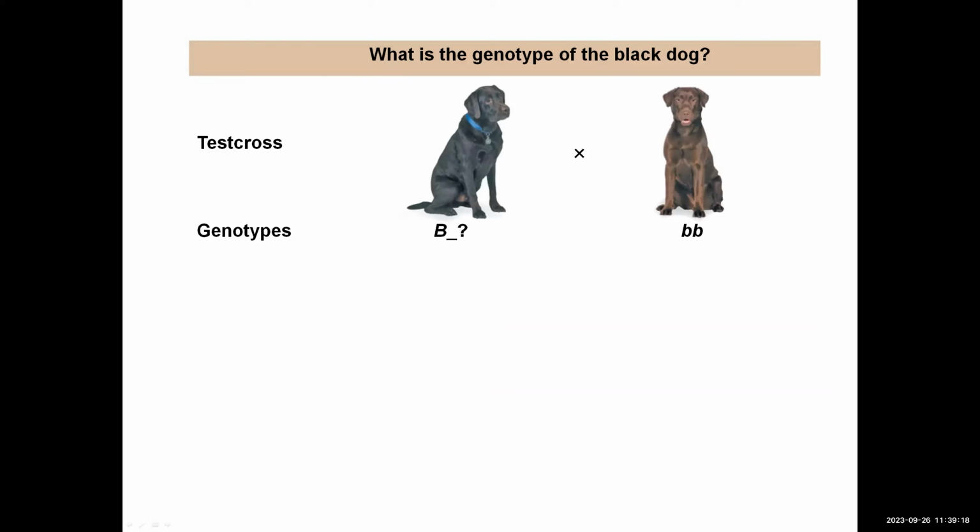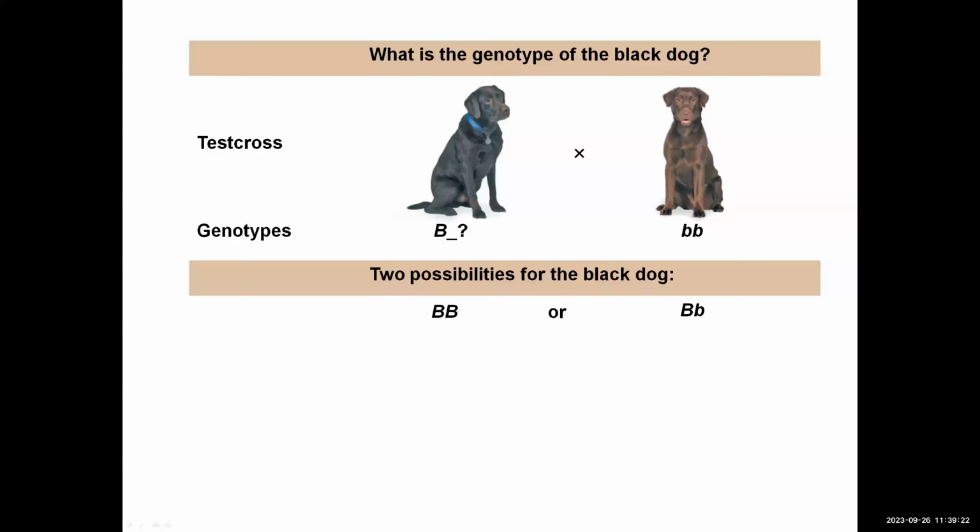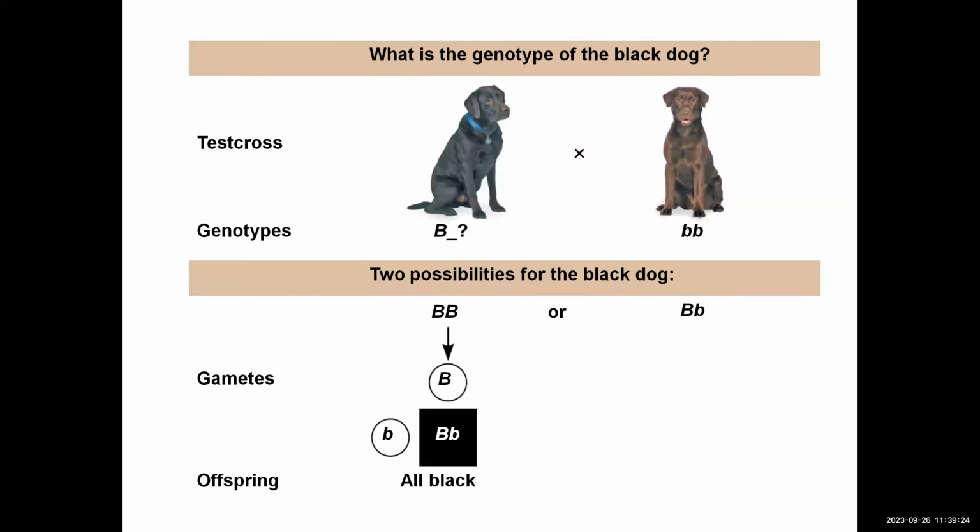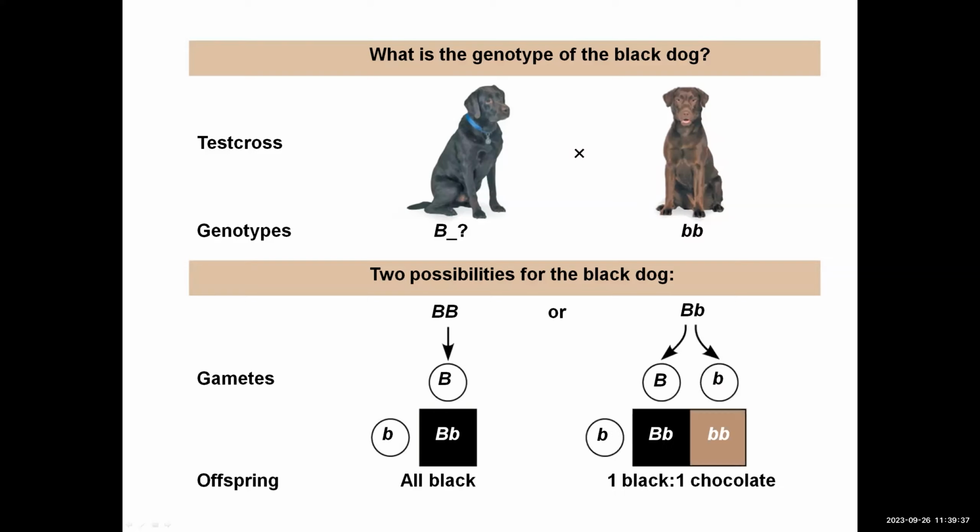For example, if the black dog is homozygous dominant, then it will give the dominant allele to all of its children. This will result in all of the puppies from this cross being black. But if the dog is heterozygous, half of the puppies will get the recessive allele and be brown.